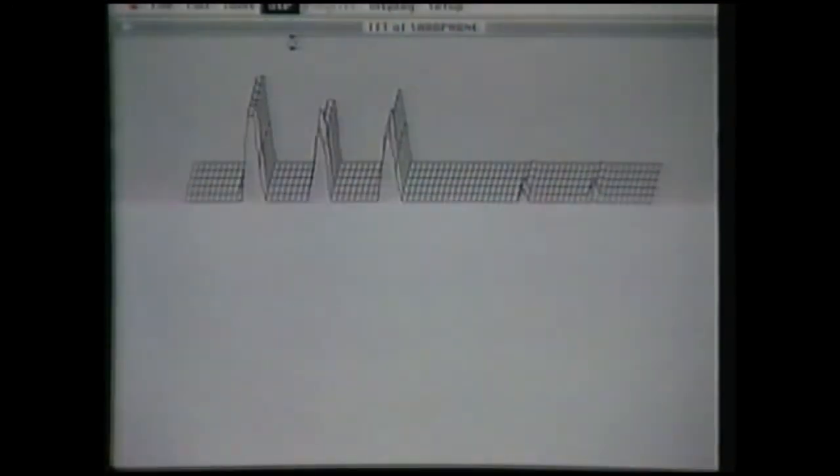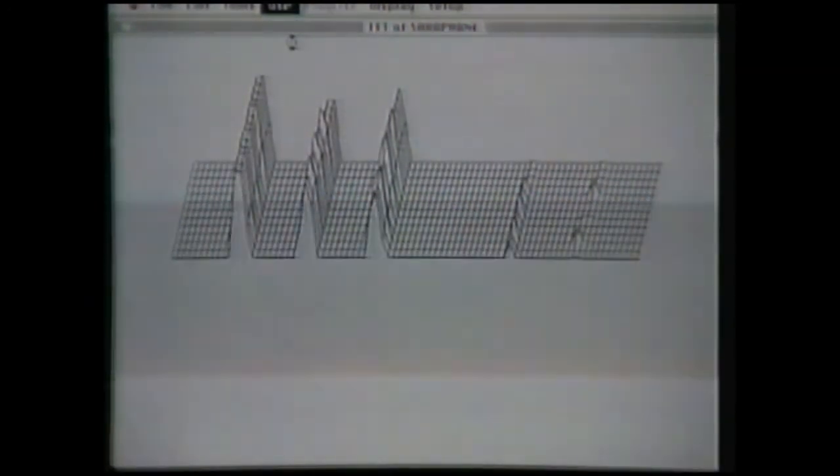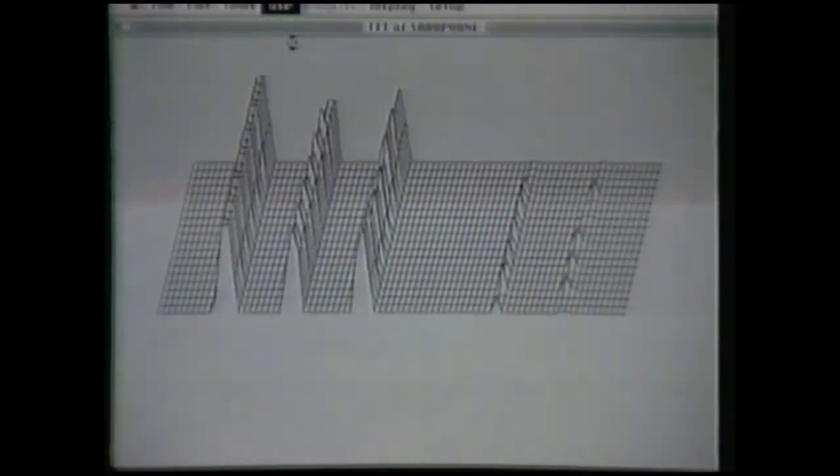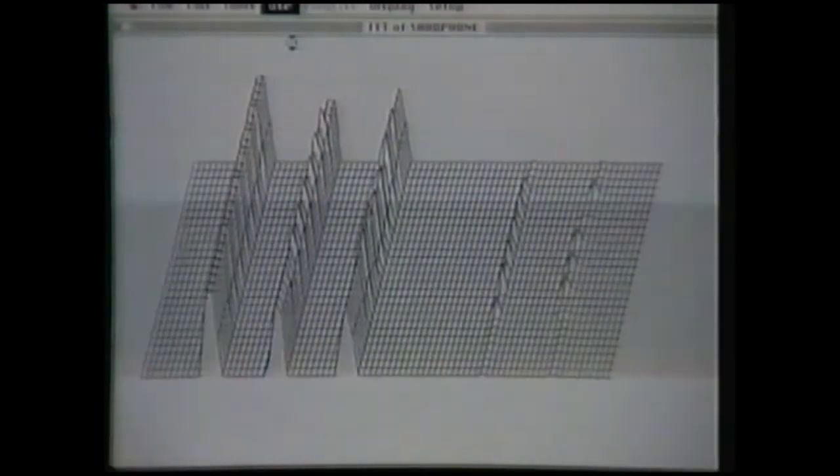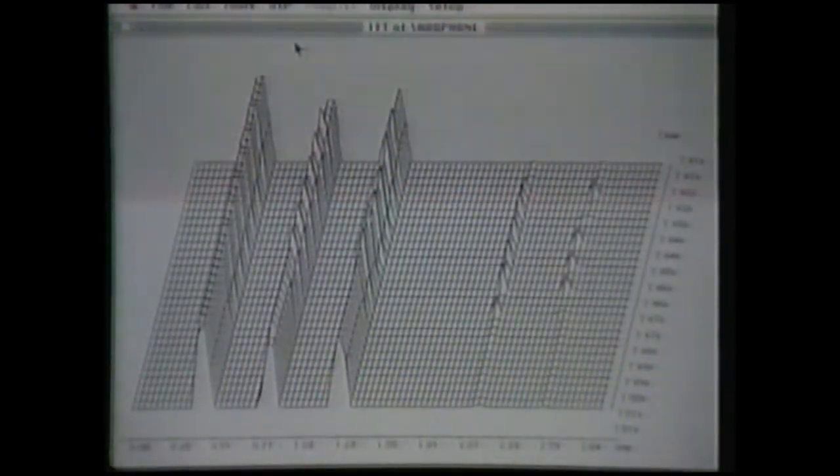This waveform monitor shows the pattern of sound waves we're hearing. That's what the sound of a saxophone looks like. And this is a violin playing the same note.